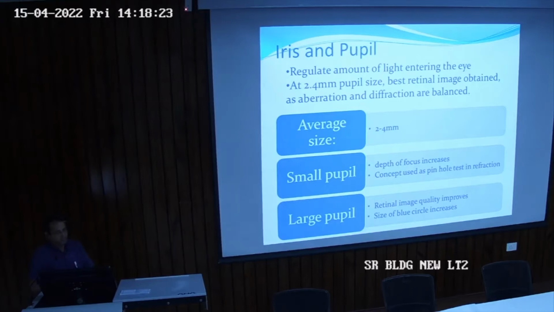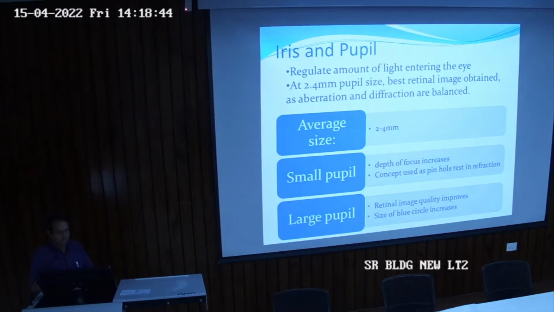Next is the iris and pupil. It regulates the amount of light entering the eye by increasing or decreasing the size of the pupil. In dim light, the size of pupil will increase, while in bright light, size of pupil will decrease. So it regulates the amount of light entering the eye.